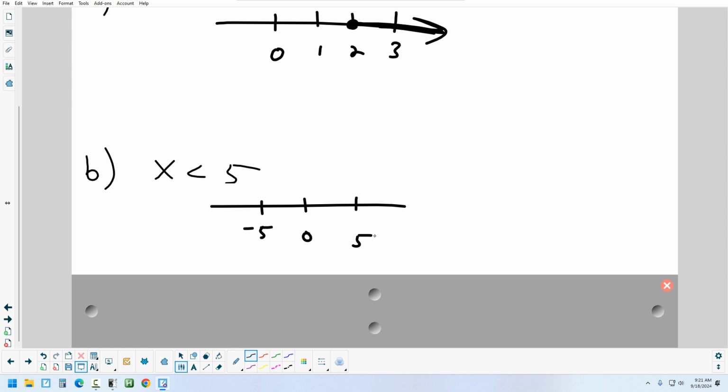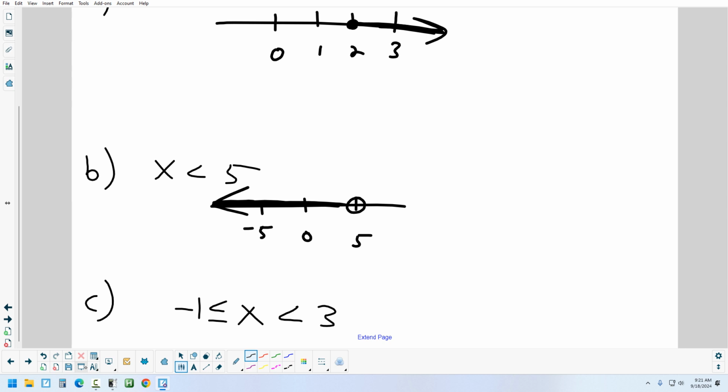What kind of circle? The open one? Open circle, all right. And then left. Yeah, x is less than 5. That means we're going to shade everything that's below the number 5, which goes to the left. Good.